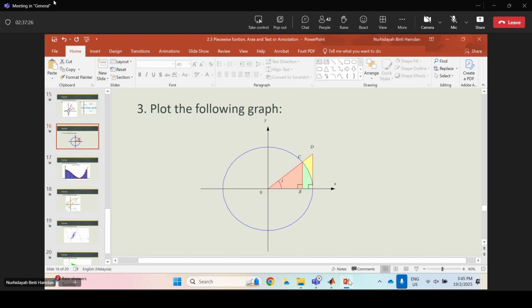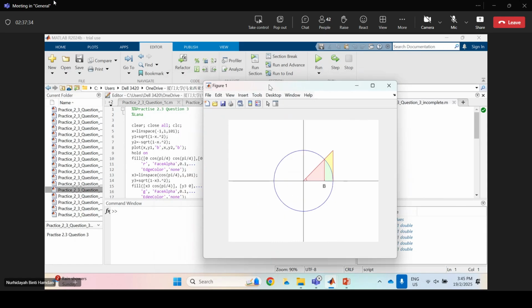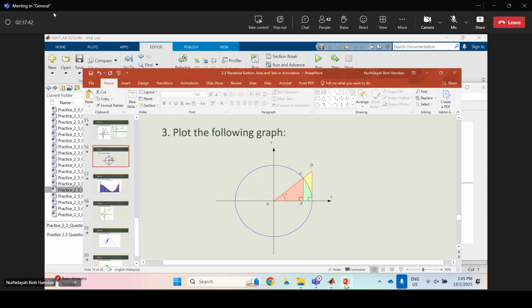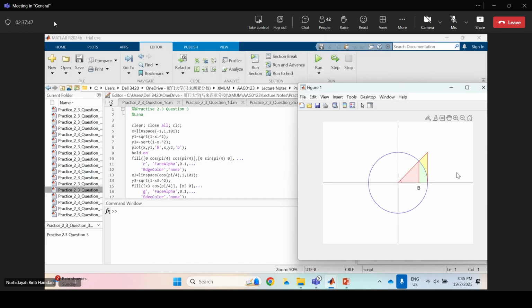Here you just add the X, Y label, and all the text. The rest I have prepared the coding for you. You can do it, right? To add text only, right? This one, X label, Y label. Then just label it according to the picture.